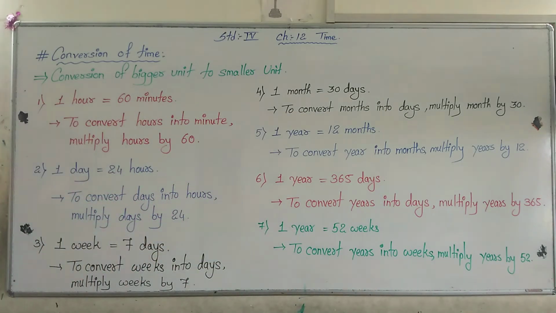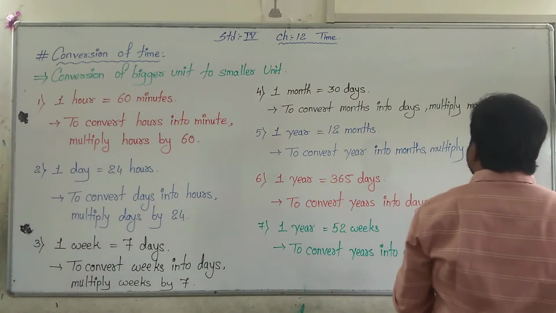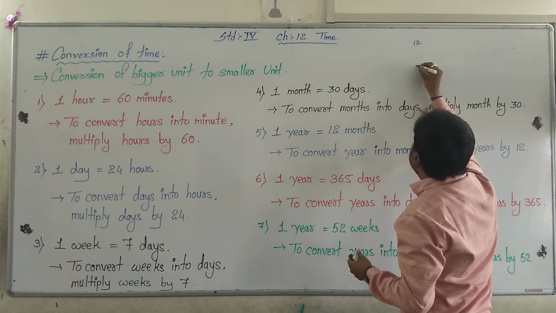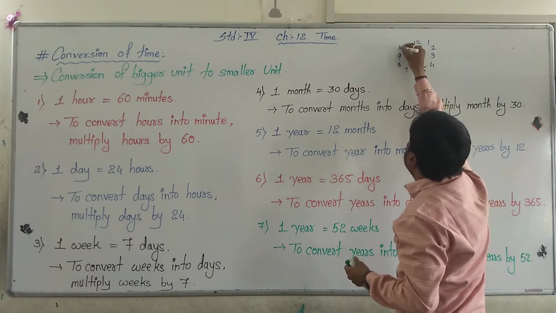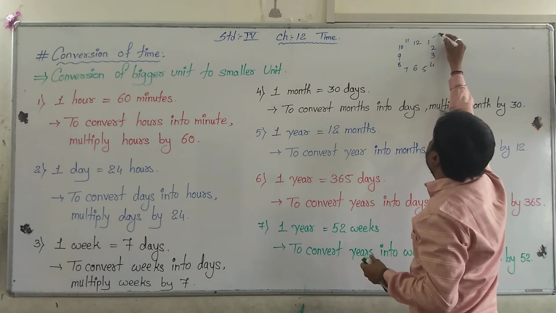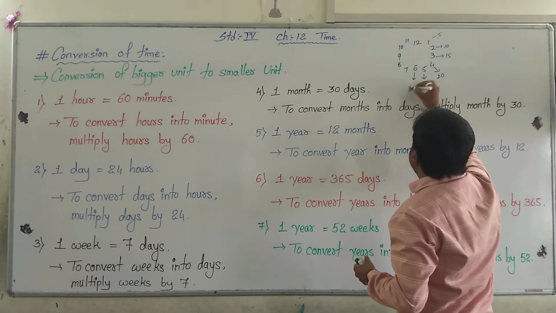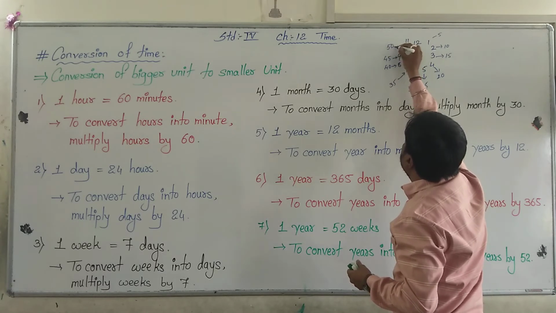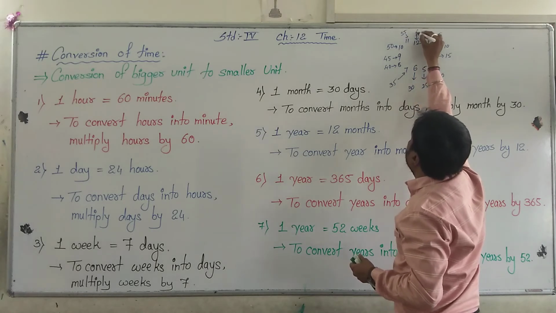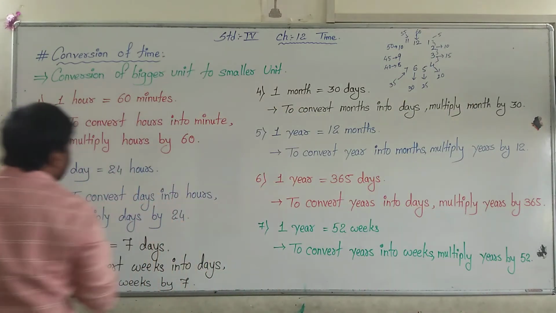The first one, if I want to convert hour into minute, what I have to remember is that 1 hour is equal to 60 minutes. How many minutes are there in 1 hour? 60 minutes. We have seen that. The clock numbers 12, 3, 6, 9, and so on, with 5, 10, 15, 20, 25, 30, 35, 40, have a gap of 5 minutes between each, so we say that 1 hour is equal to 60 minutes.